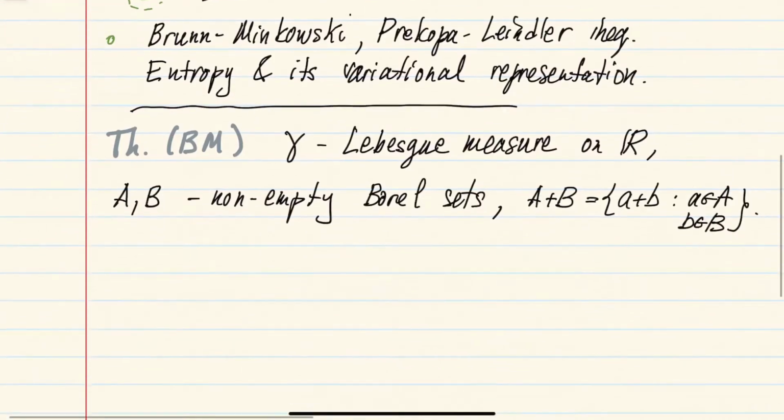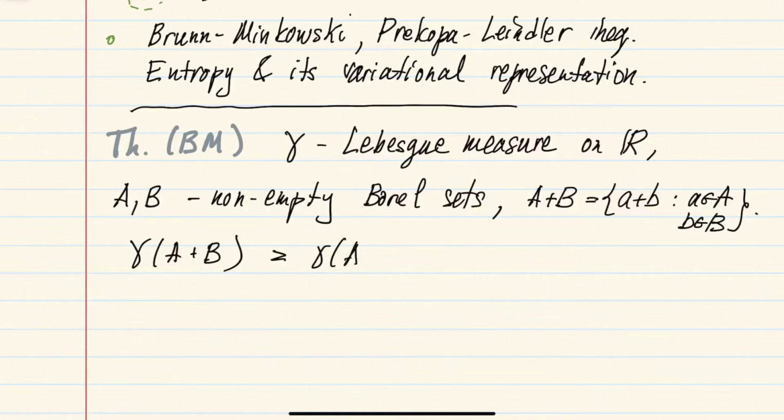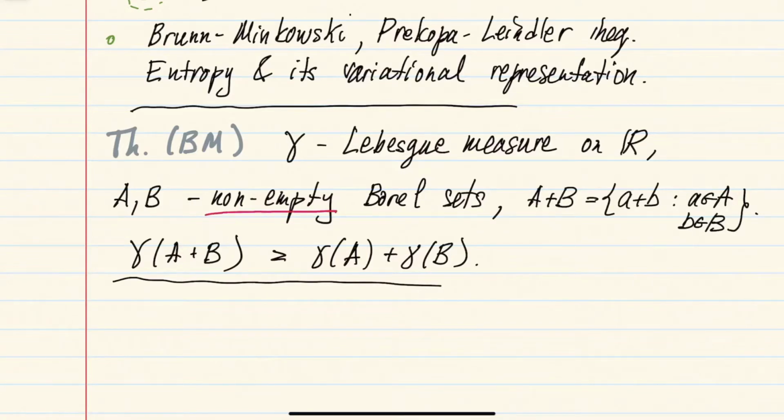And then the Brunn-Minkowski inequality on the real line says that the Lebesgue measure of the sum of A and B is greater than or equal to the sum of the Lebesgue measures of these sets. Now notice that in this statement, the condition that the sets are non-empty is very important.